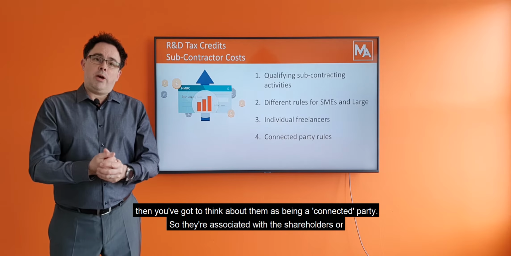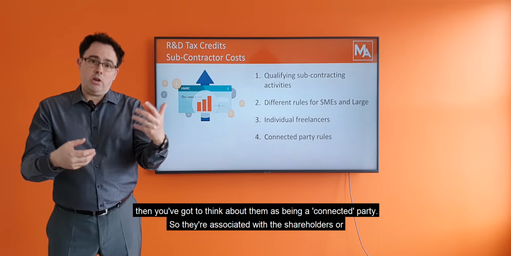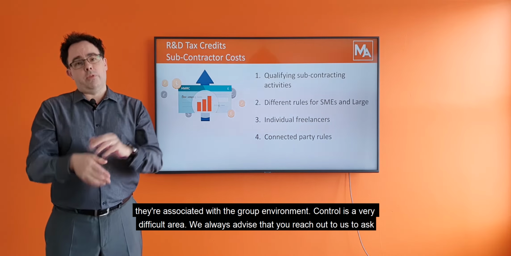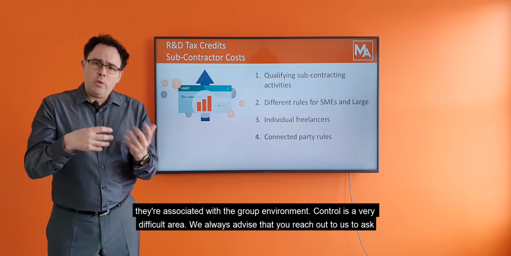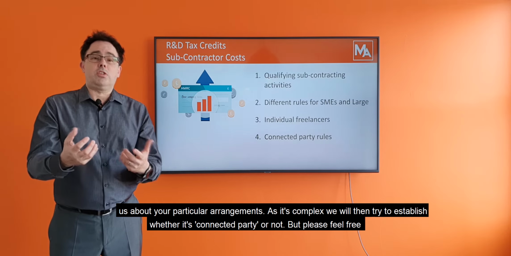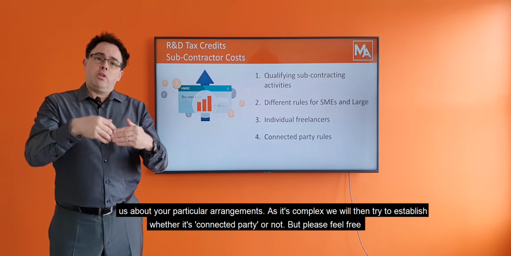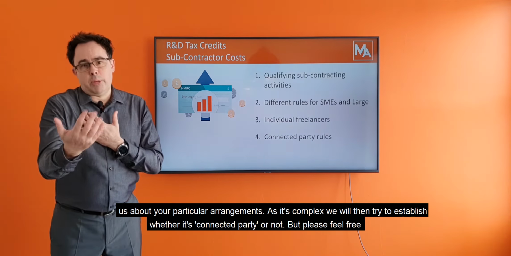Then you've got to think about them as being a connected party. So they're associated with the shareholders or they're associated with the group environment. Control's a very difficult area. We always advise that you reach out to us to ask us about your particular arrangements. As it's complex, we will then try to establish whether it's a connected party or not. But please feel free to reach out.